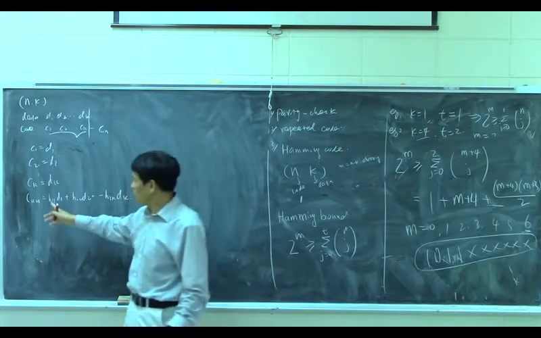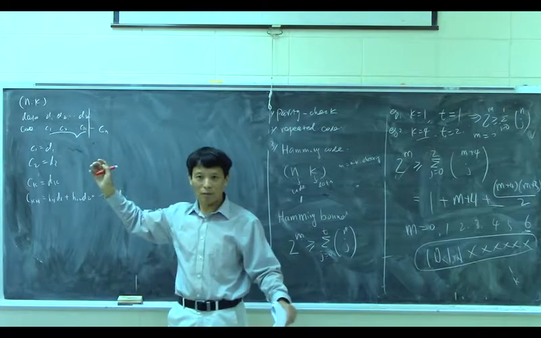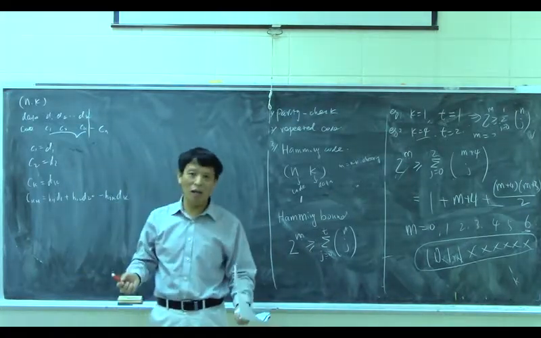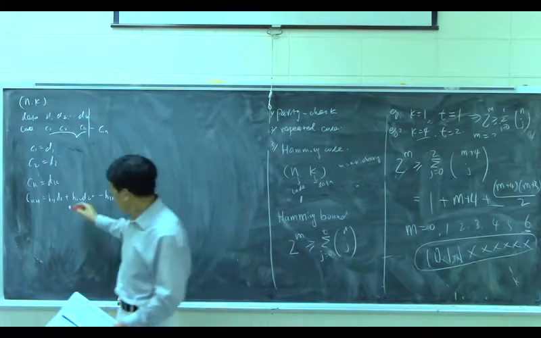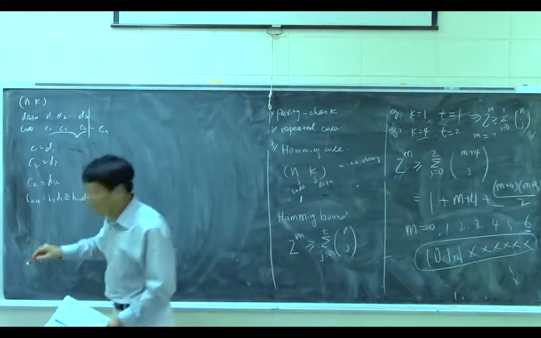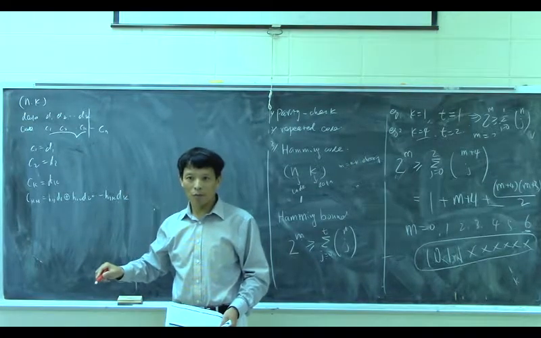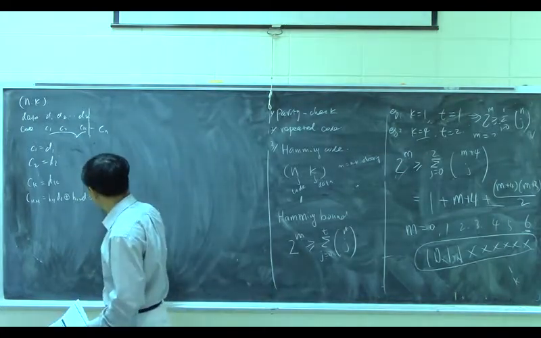Some constant times this, some constant times this, and add all this together. Here, all these coefficients must be either 1 or 0, because we are working in binary. And also the addition must be modulo 2, meaning 1 plus 1 equals 0.